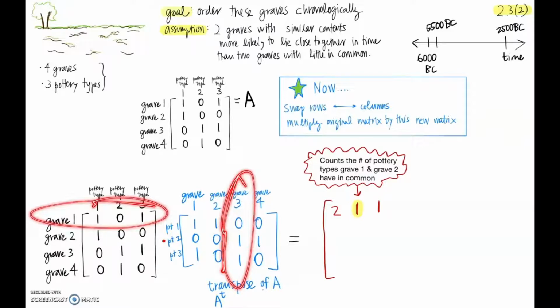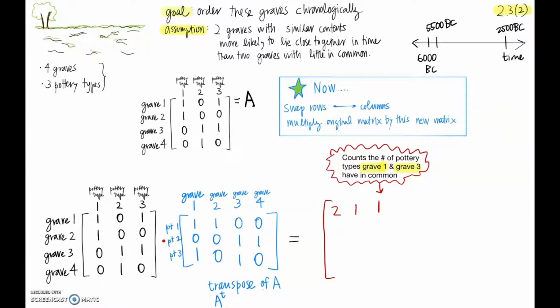If one of them doesn't have it, then there's a 0 somewhere in that product, which will knock it out. So this number is going to count how many pottery types grave 1 and grave 3 have in common. And we knew that from the very beginning, that grave 1 here and grave 3 here had pottery type 3 in common. There was only one pottery type in common, so they had 1 in common.